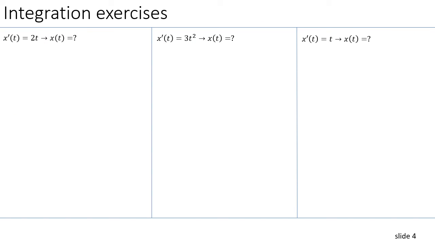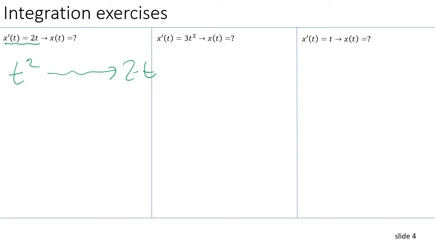Okay, this is when things get a bit more interesting. What is the integral of x prime of t equals 2 times t? Well, remember, doing the integral is like doing the derivative backwards. We know that the derivative of t squared is 2 times t.